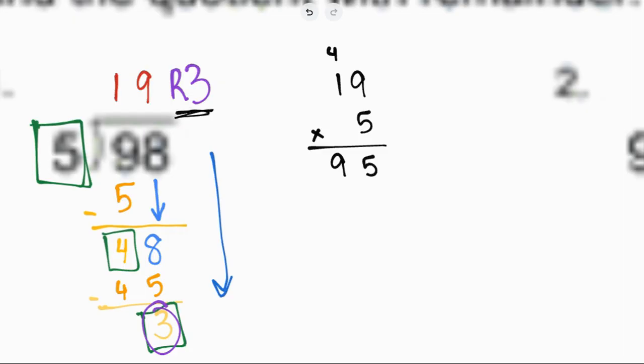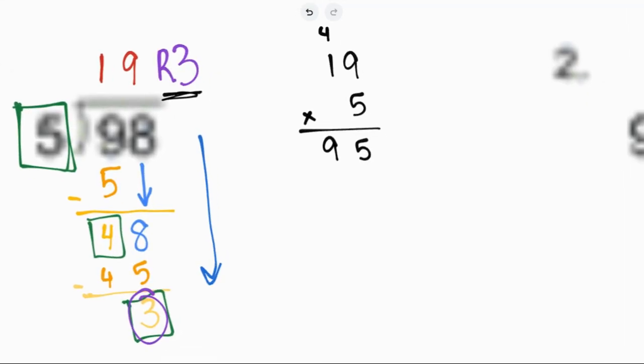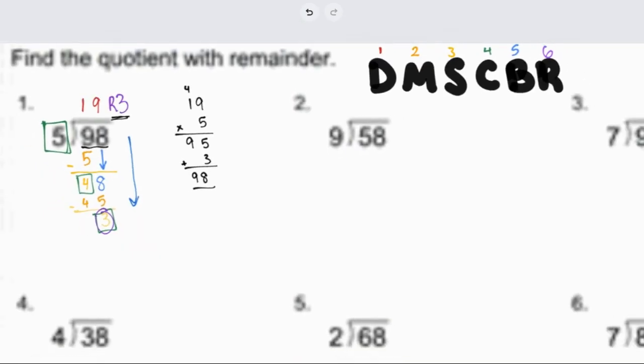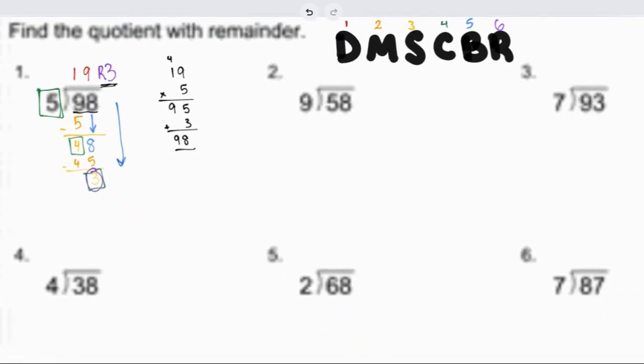So we'll have to do 95 plus 3. And we get an answer of 98. So now we're going to check 98 and 98. That's the same thing, which means that we did all our work correctly. Our quotient and the remainder are all good.